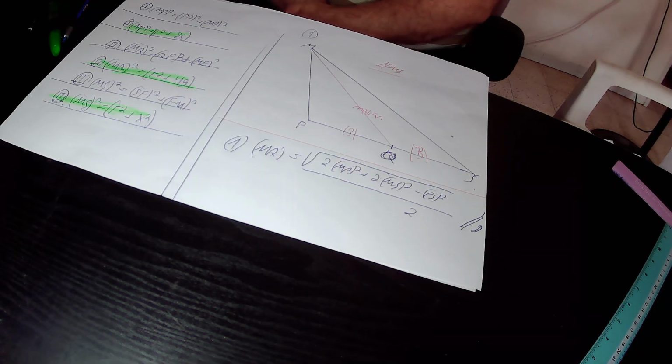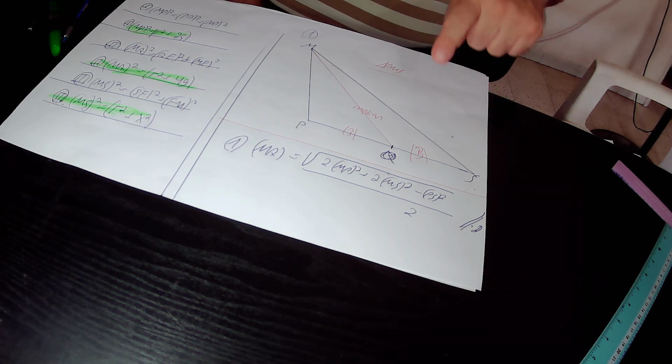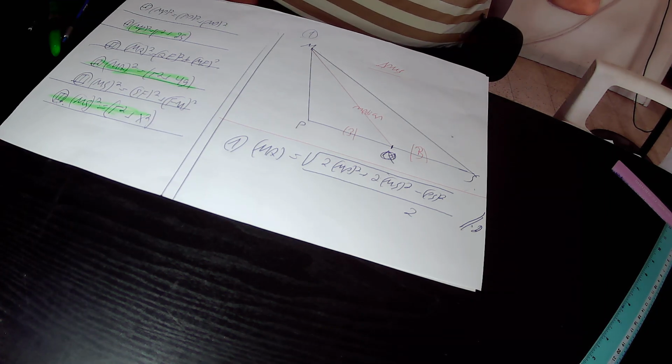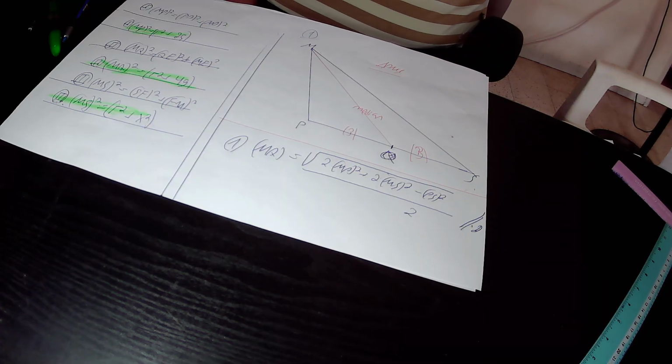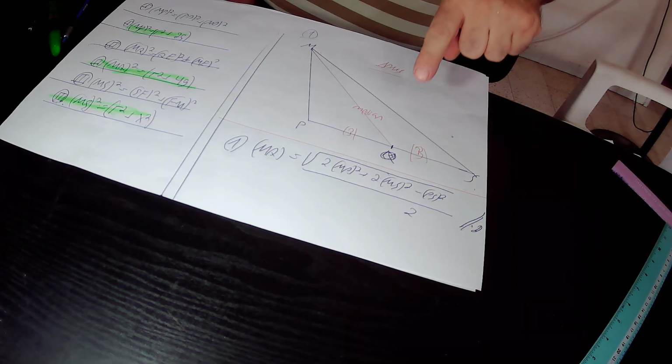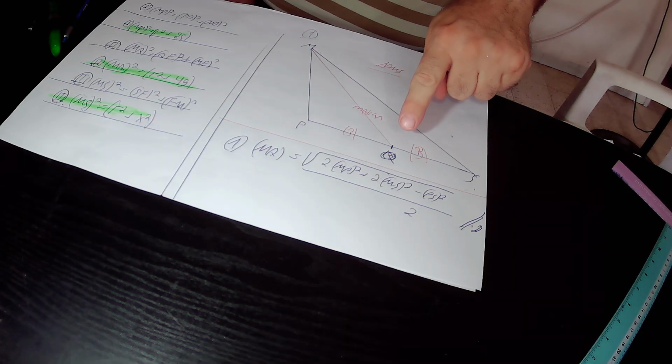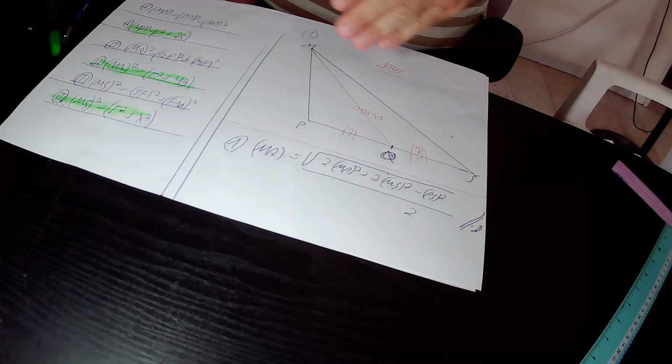So what is the median? A median in a triangle is a line segment that connects the vertex to the midpoint of the opposite side. The median MQ connects the vertex M to point Q, and point Q is the midpoint of PS.